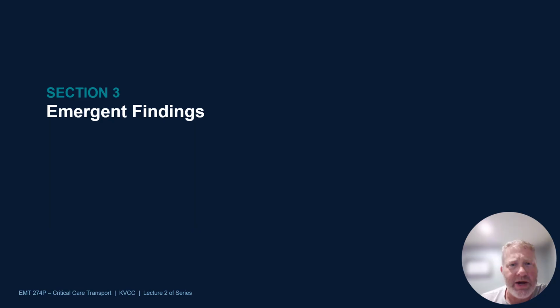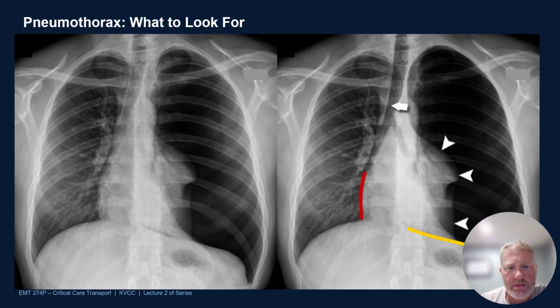Let's take a look at some high yield imaging findings that most commonly change your transport management. All right, the most famous respiratory issue with regards to chest X-rays has to be a pneumothorax.